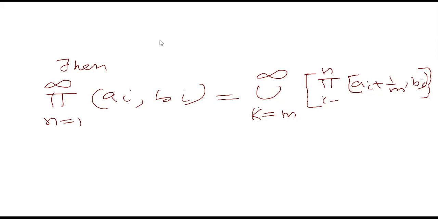Now this one, you can see, is actually a member of the semi-ring, because it is the product of n copies of semi-closed intervals. Therefore, it is in the semi-ring.